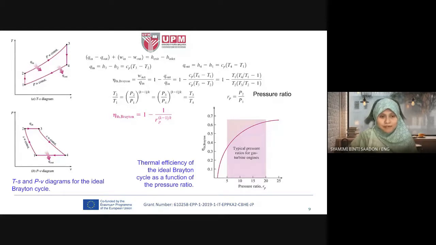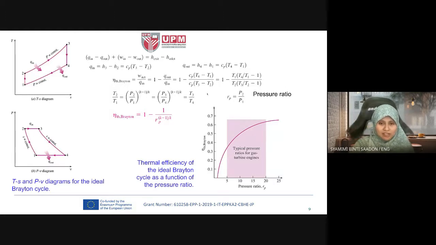We want to save the fuel, because by saving the fuel, we save the Q in. And if we save the Q in, we can improve the thermal efficiency. So that's why we always focus on saving fuel. We can also calculate using 1 minus Q out over Q in, if you don't have the value of the work output. Then we just develop the equation.